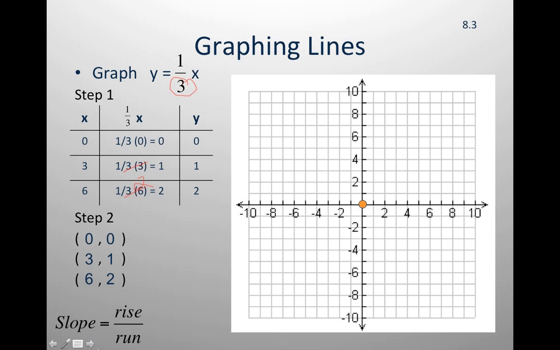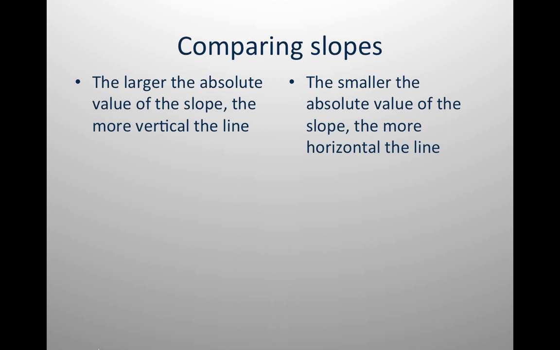Okay, so from there we simply bring our ordered pairs together and then we plot our points. 0 and 0, 3 and 1, and then 6 and 2. And then we connect our lines.